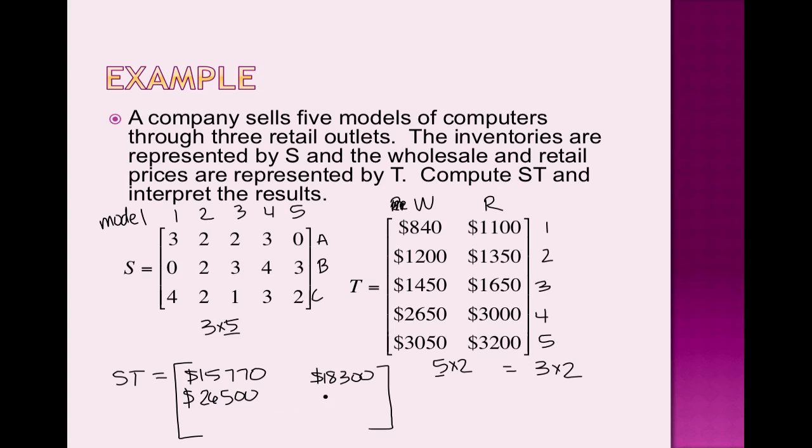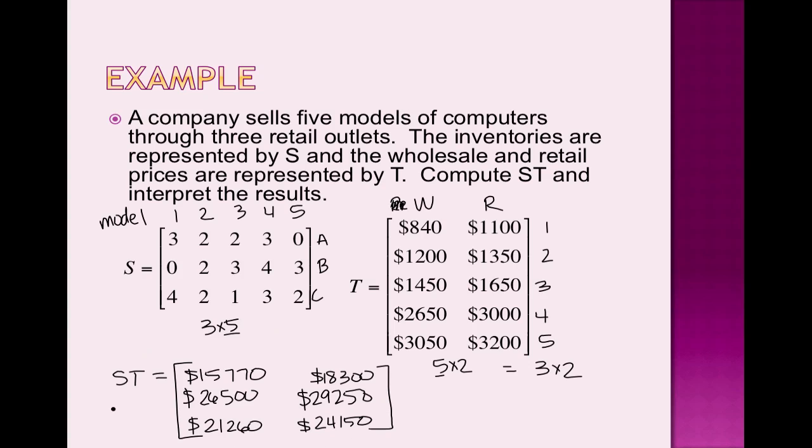And then we have 29,250. Then we have 21,260. And our last entry in this matrix is going to be 24,150.